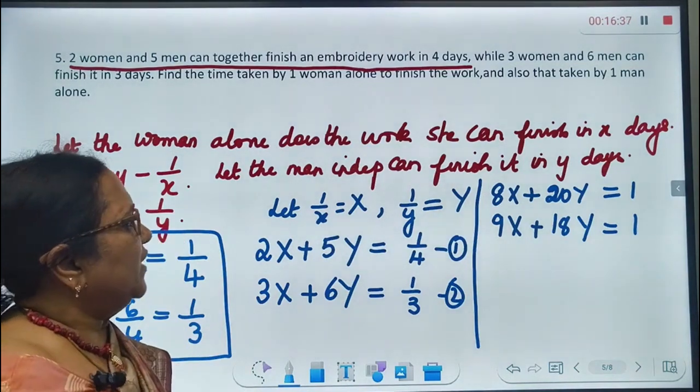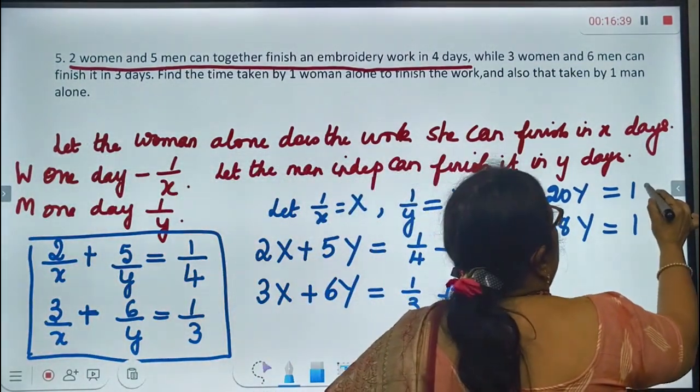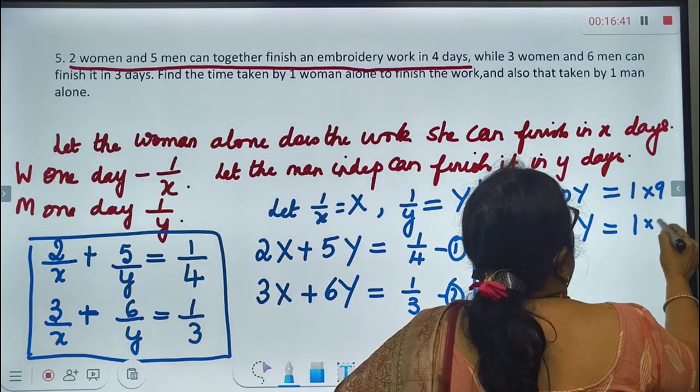Okay, now how do I simplify this? I can multiply this by 9 and this by 8.